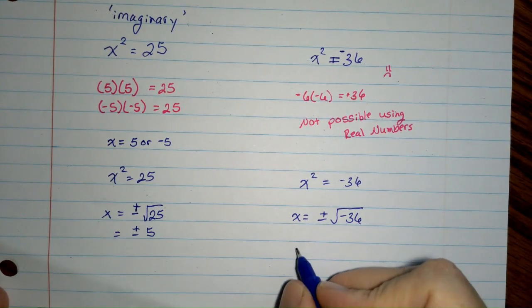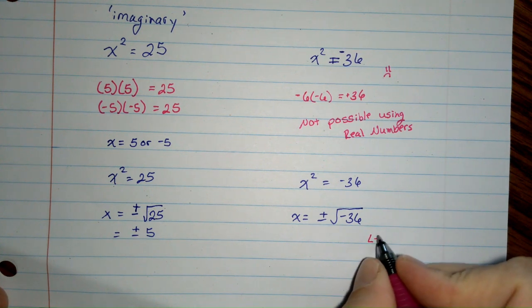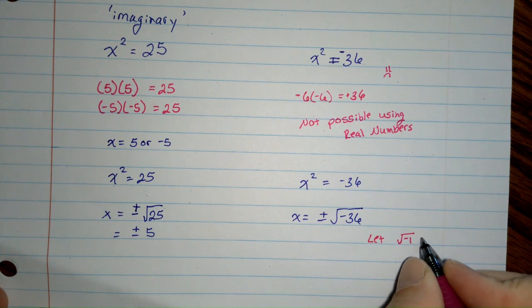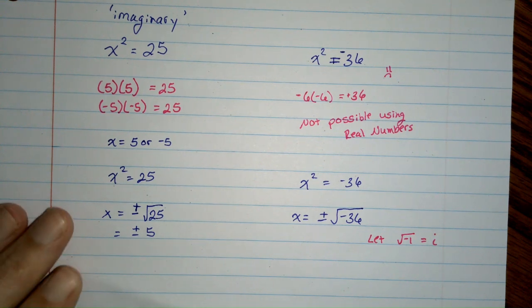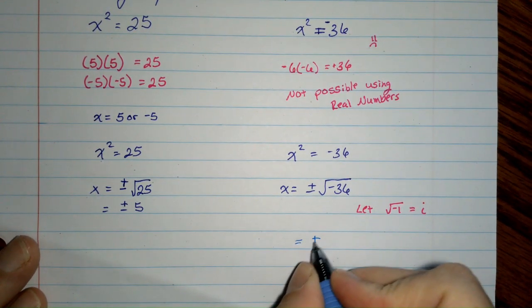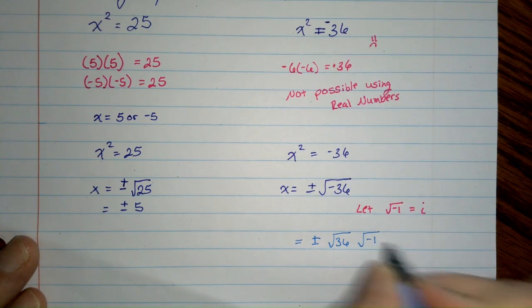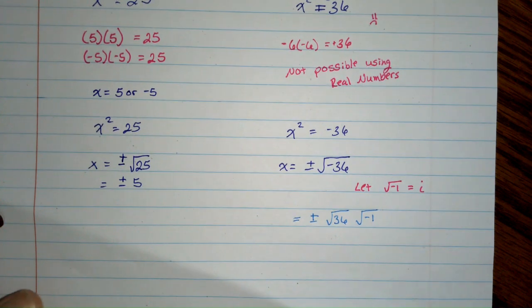So what they've done is they've said, okay, let the square root of negative 1 equal i. That's all they're saying. Substitute i for the square root of negative 1. So now that means plus or minus the square root of 36 times the square root of negative 1, because 36 times negative 1 is negative 36.